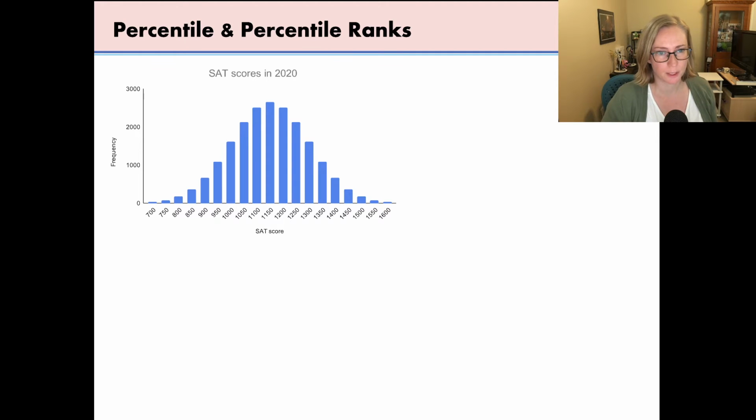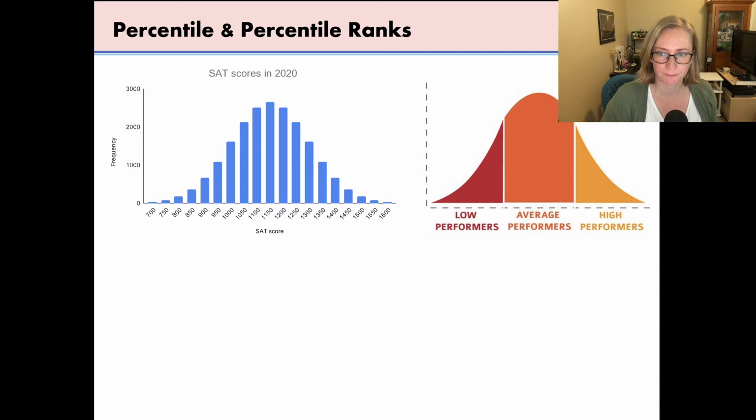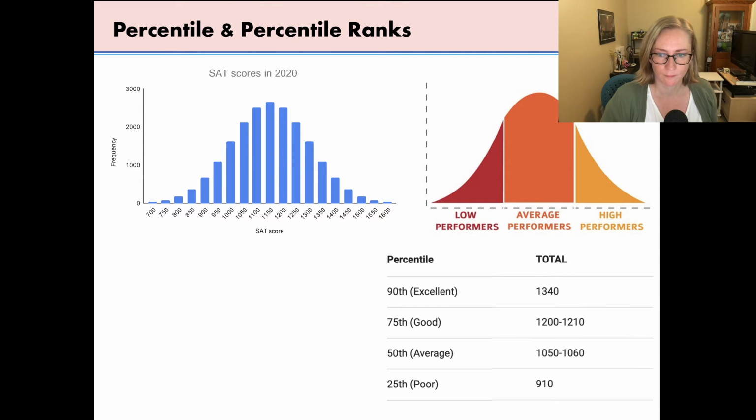Percentile and percentile rank here just kind of comes down to your terminology. So we've all experienced this before when we took the SAT. If any of you plan on taking the, wow, brain fart. What is it for grad school? Something with a G. GRE, there you go.